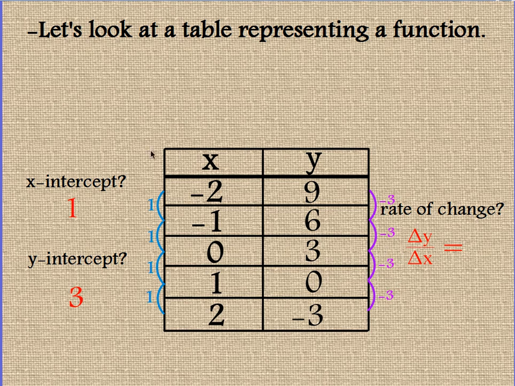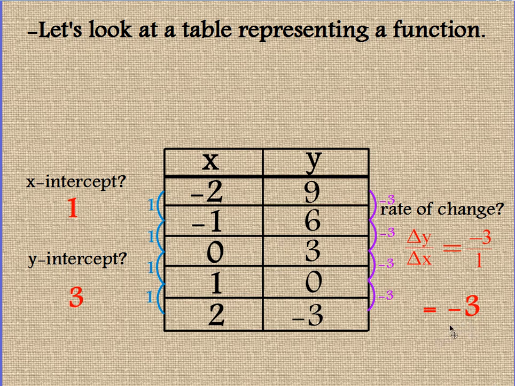Since our rates of change are constant in both our x column and our y column, I can confidently put in our rate of change for our y values and our x values in our table. That gives me negative 3 over 1, which of course reduces to negative 3. And that is our slope.